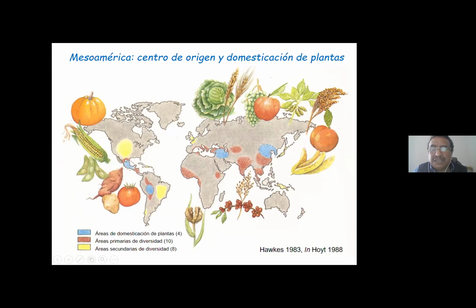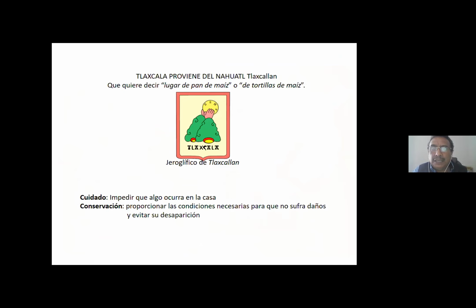We have created corn in these domestication areas, as you see here in blue, the primary diversification areas in red, and the secondary diversification areas in yellow. When we talk about diversification, we're talking about the different plants that we have seen over the life of this plant.